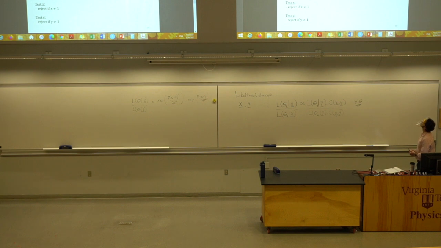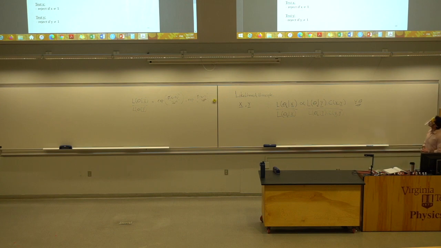It's pretty obvious for x equals 1, y equals 1. Maybe less obvious for 2 and 3, but I guarantee you that they are the same. So the likelihood principle is satisfied everywhere. According to the likelihood principle, you should make the same inferences, meaning you should get the same conclusion about theta regardless of which experiment or data set you're getting.